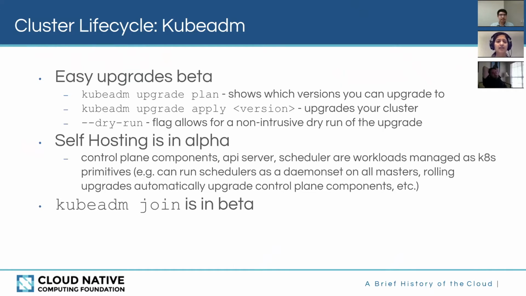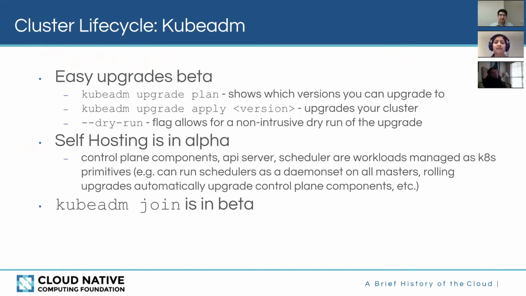In this release, finally, in 1.8, the cluster lifecycle SIG is happy to announce that Kubeadm has added support for easy upgrades. And so you can upgrade your cluster. You can obviously set up the cluster, but you can also upgrade the cluster, both the control plane and the nodes, through Kubeadm using the command Kubeadm upgrade apply.